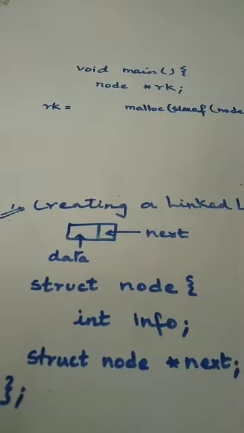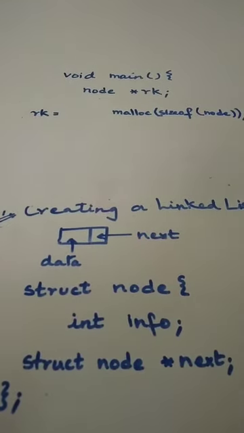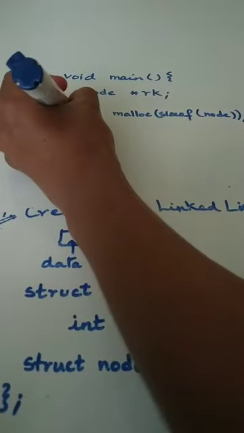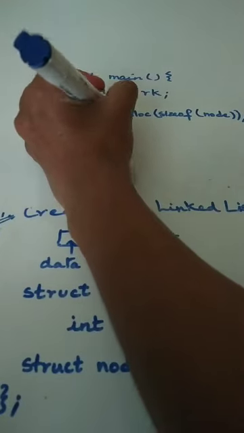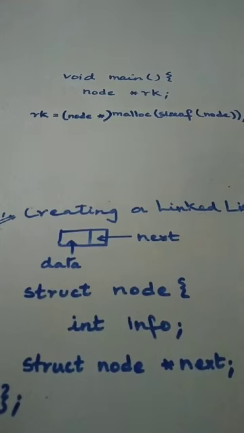However, we want malloc to return a node pointer, so now I will cast this function malloc by doing this node star. I have specifically said that whatever malloc returns, please translate it into the type node star so that it will be compatible with rk, which is a pointer to a node.